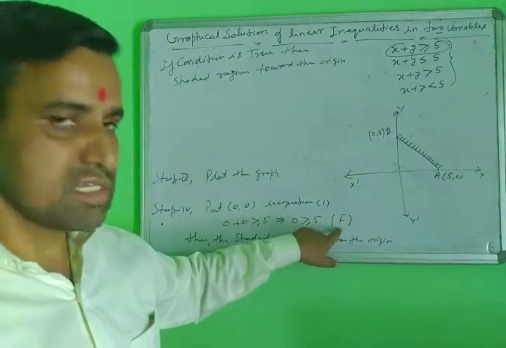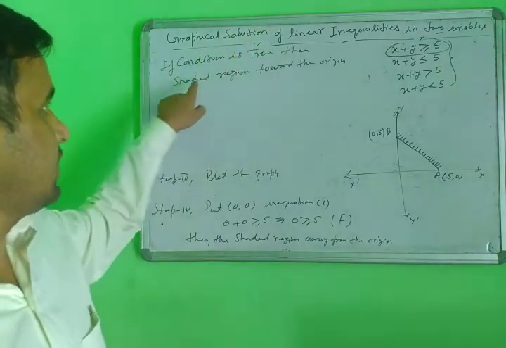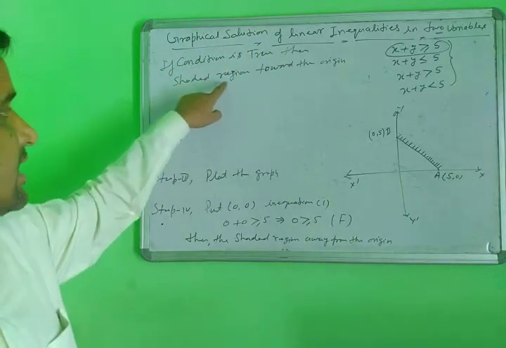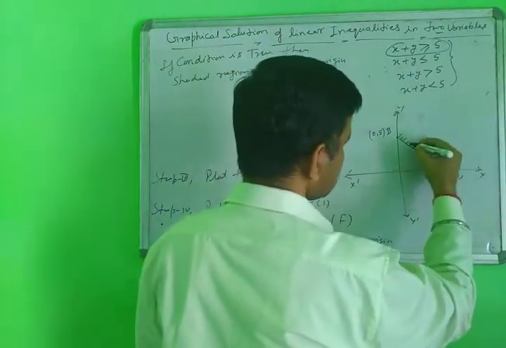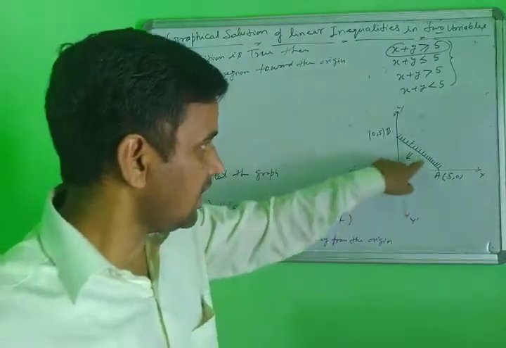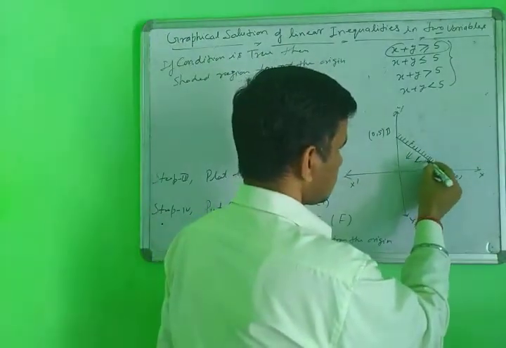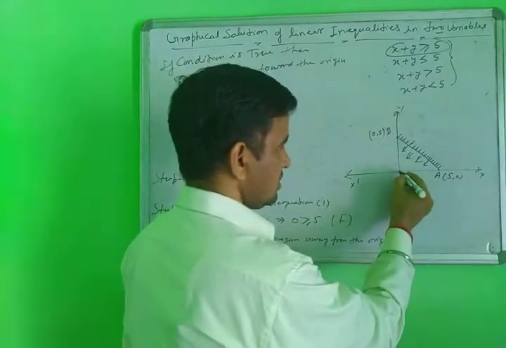Suppose this condition is true. If the condition here is true, then the shaded region is toward the origin, meaning in this direction, not that direction. Your solution region is in this direction. This is your origin.